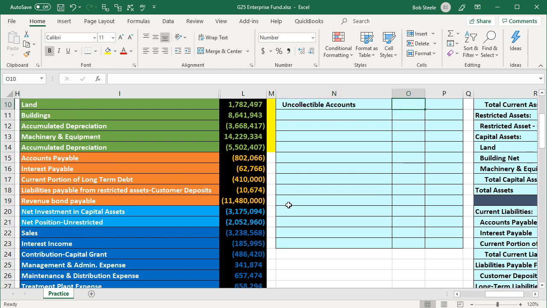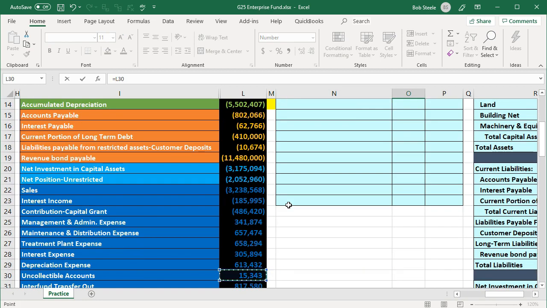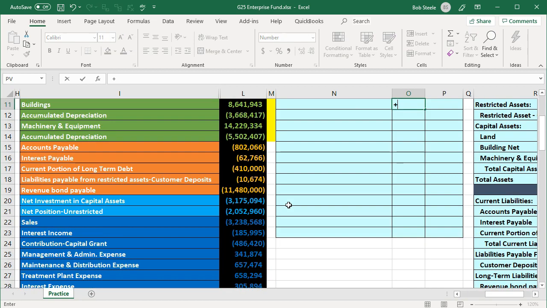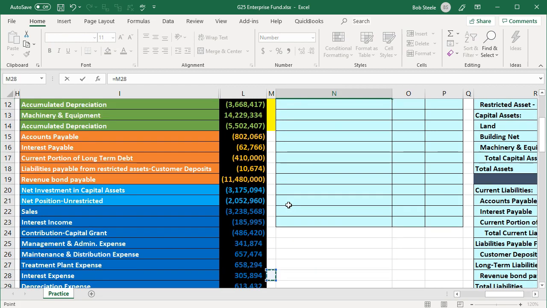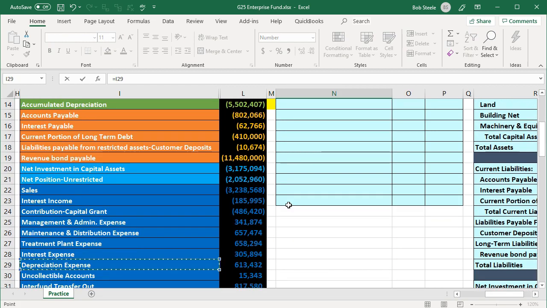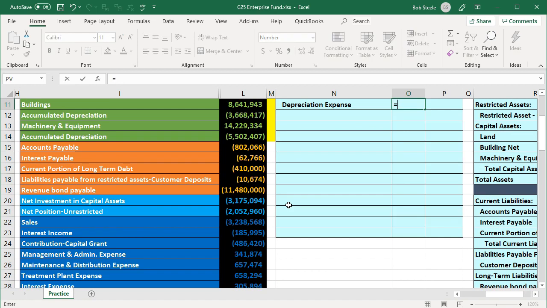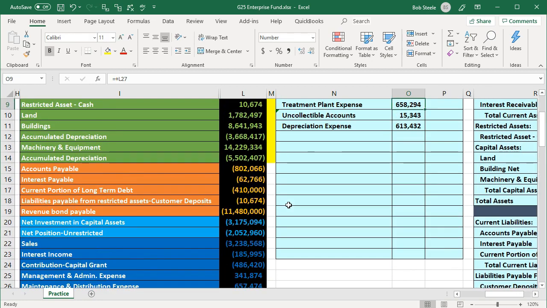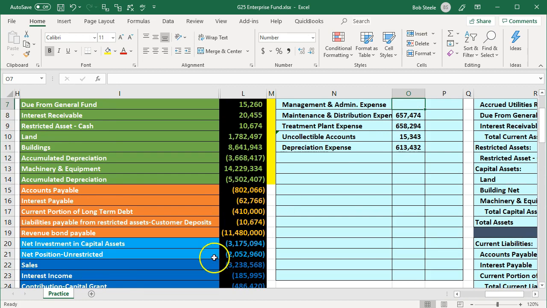And this might be a little out of order, but that's okay. We'll pick them all up here. And then we had the depreciation, which is going to be equal to the depreciation expense, and that's the 613. So there we have that.